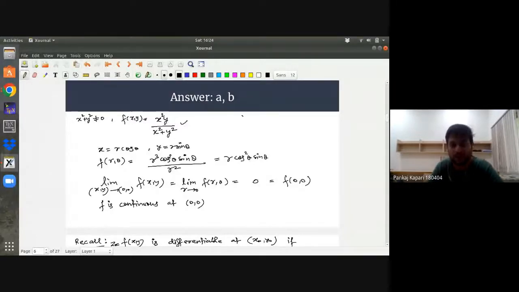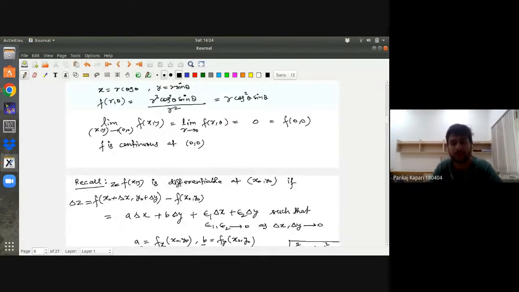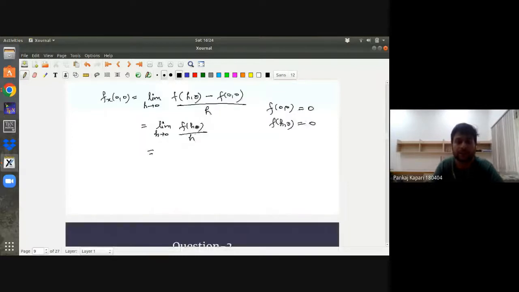So f(h, 0) is 0. You just put y equal to 0 in the function, and hence this limit is 0 because the function itself becomes 0.